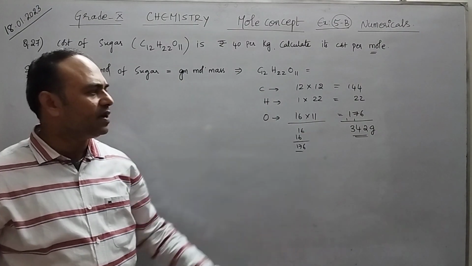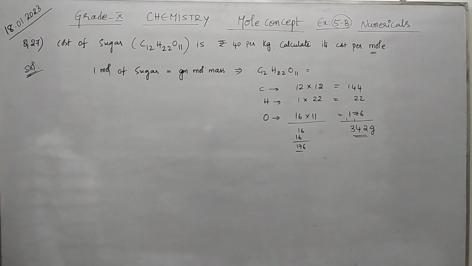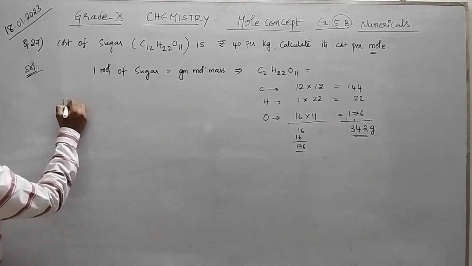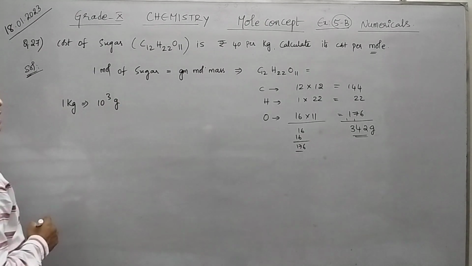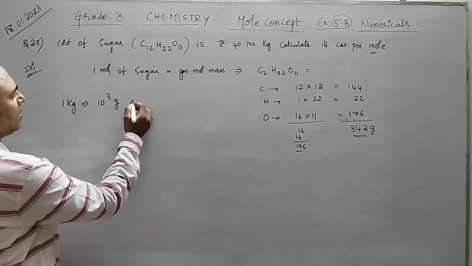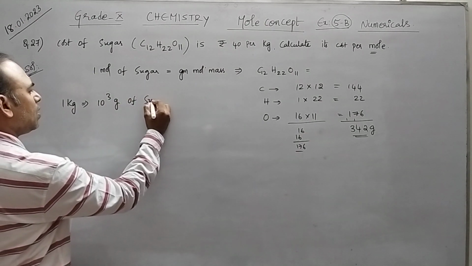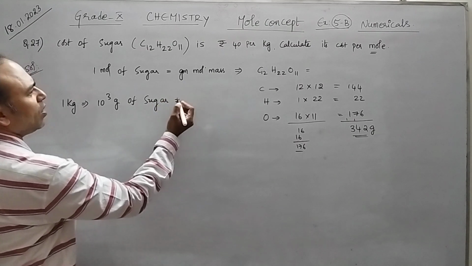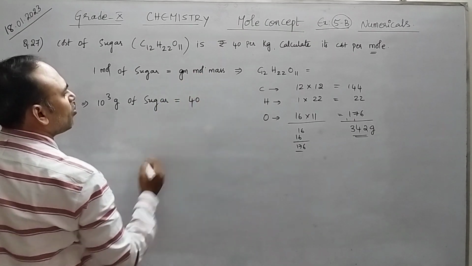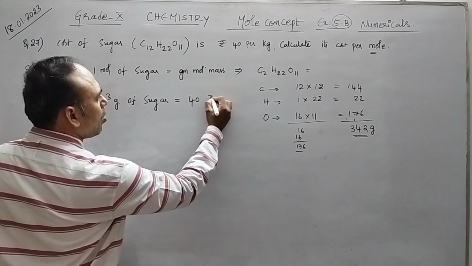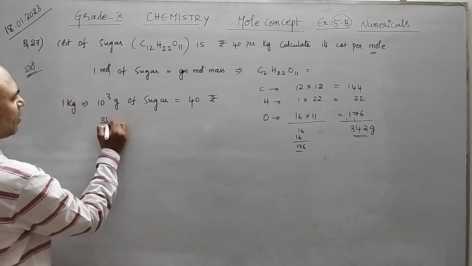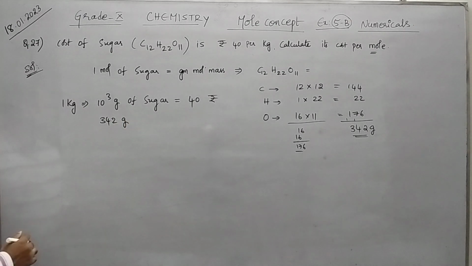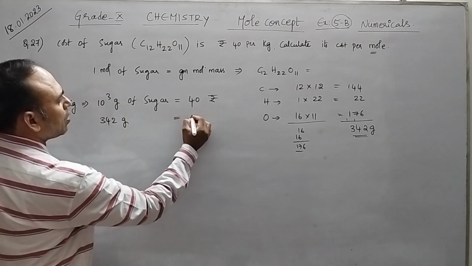So we need to calculate the cost for 342 grams. We can write it like this. 1 kg can be converted into 10 to the power of 3 grams. So 10 to the power of 3 grams of sugar costs 40 rupees. Now we have 342 grams in 1 mole.